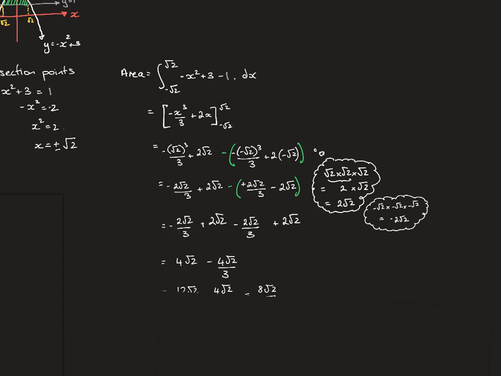That finally gives me my answer. I write both as fractions with the same denominator by multiplying this by 3 on the top, with a divide by 1, 3 on the bottom. So it gives me 12 root 2 on 3, minus 4 root 2 on 3, which gives me 8 root 2 on 3.